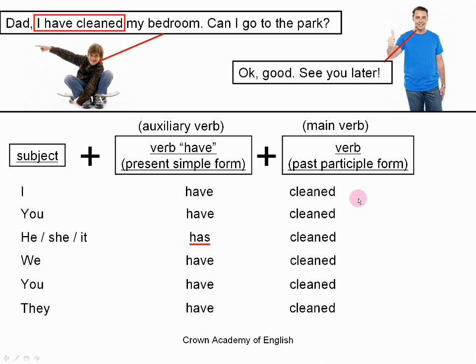So clean is the main verb, and this is the past participle. So for a regular verb like clean, we add ed to the verb to form the past participle. Okay, so that is the affirmative.